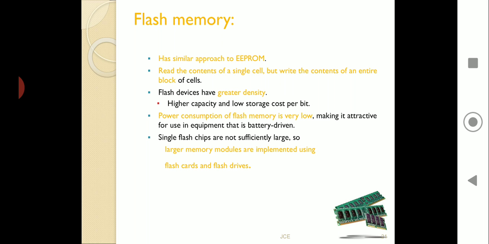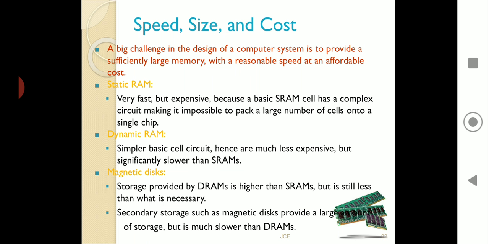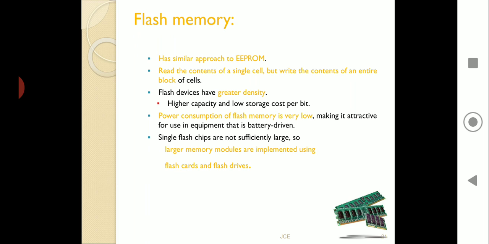So you can say that flash drives are wear and tear free. But when we compare with a hard disk, hard disks have wear and tear. Why? Because they have movable parts.